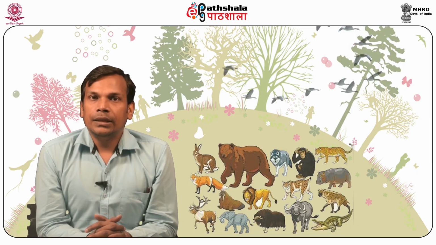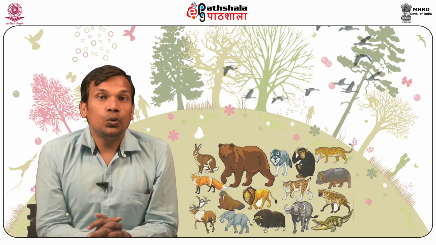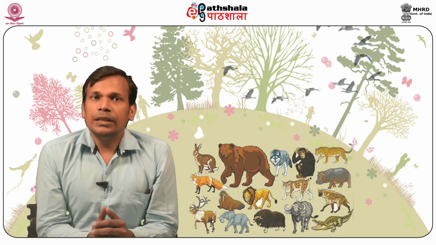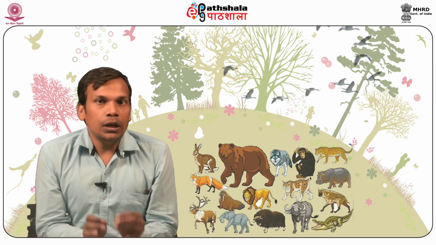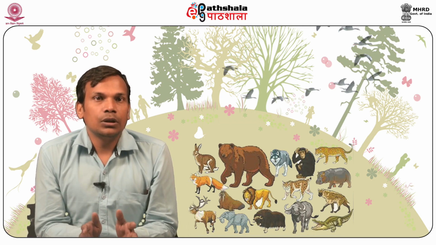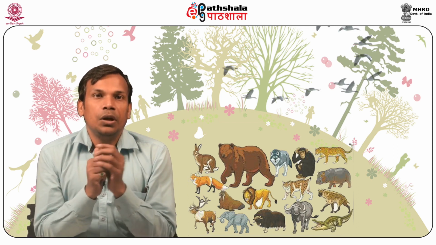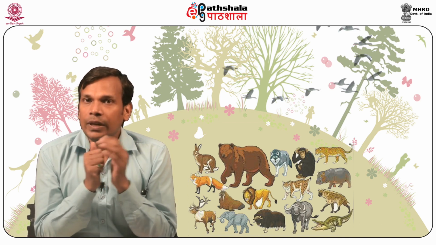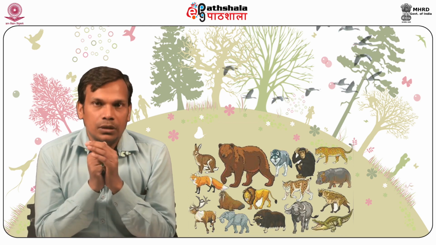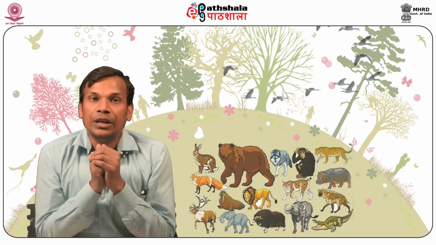Population density is categorized into two types. First is crude density. It is the total number of individuals or biomass per unit of total space. For example, total rhinoceros in Kaziranga National Park.